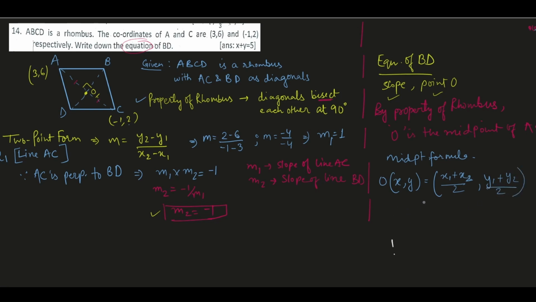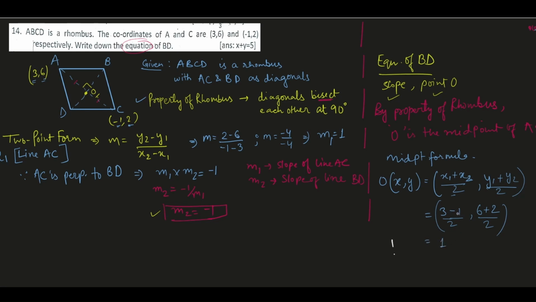Let's substitute the values. So x1 will be 3 here, x2 will be -1. Similarly, y1 will be 6, y2 will be 2, is equal to 3 plus of -1 will be -1 divided by 2, comma, y1 that is 6 plus y2 is 2 divided by 2.